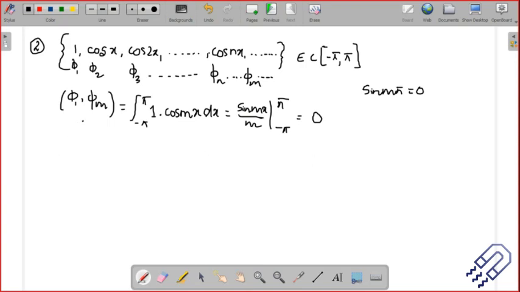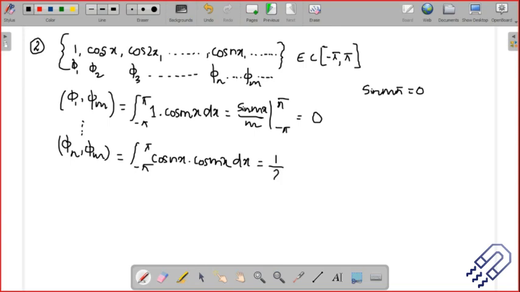We can take any other term, maybe phi n and phi m. M may be anything from 0 to infinity. So this integration also, from minus pi to plus pi of cos of nx times cos of mx dx.